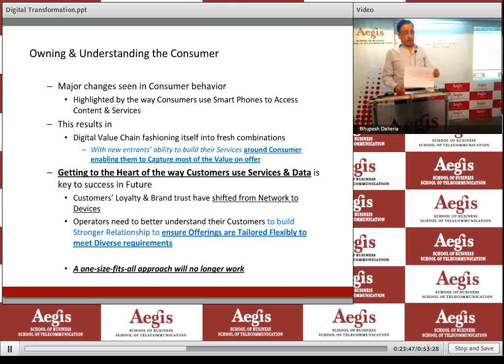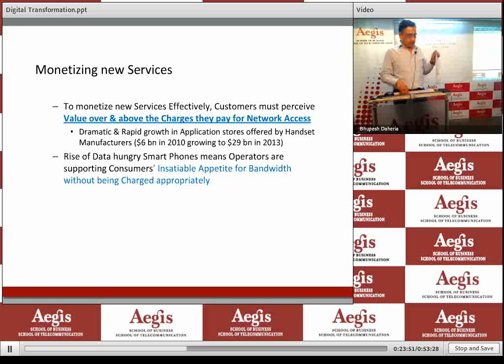I think what is important is the operators have to decide how they have to win the battle, and I'm sure they in their own way are understanding and trying to act, but the better they understand, the faster they understand, the better prepared they are to meet these emerging scenarios.